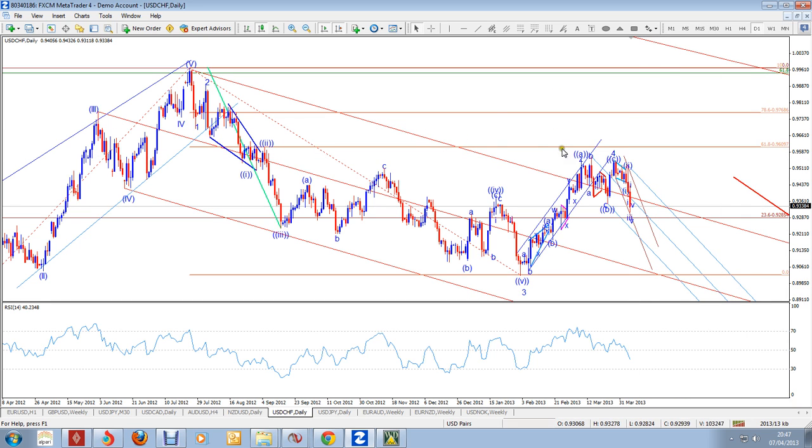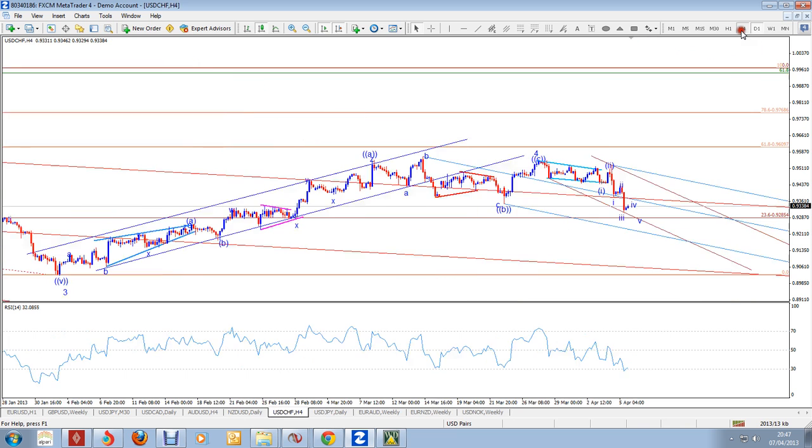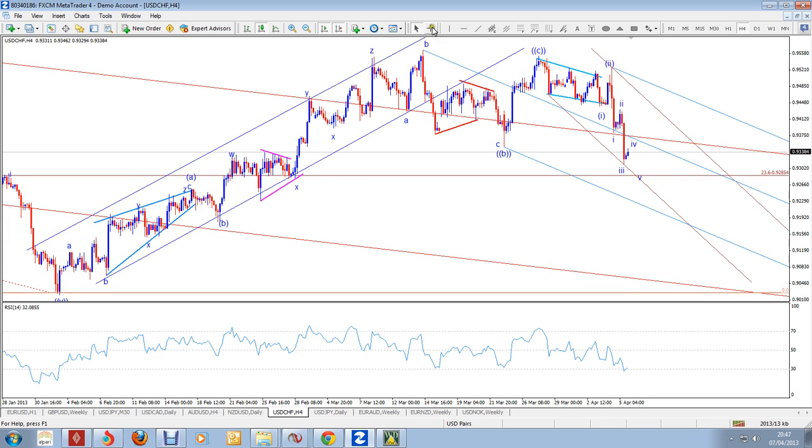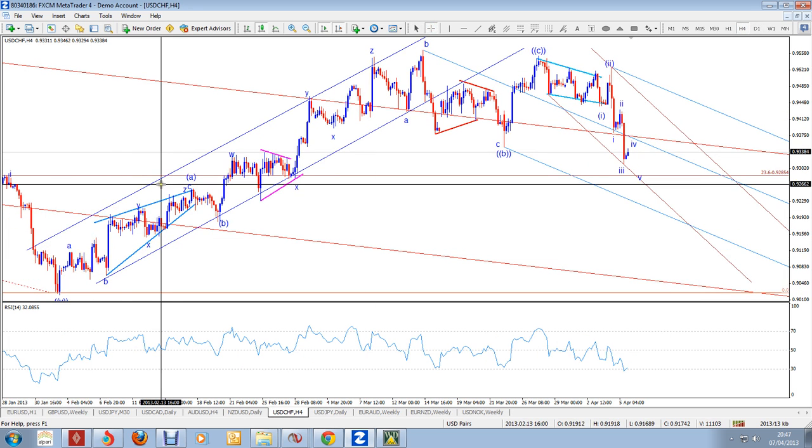Just looking at the shorter term on the 4-hour chart, the wave count is somewhat different from the dollar index.